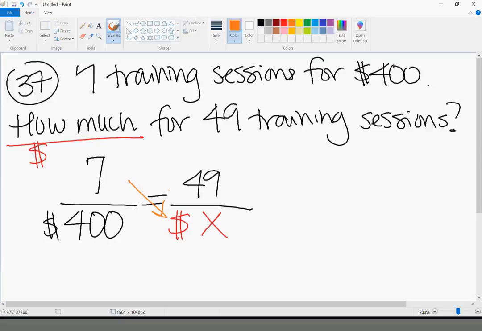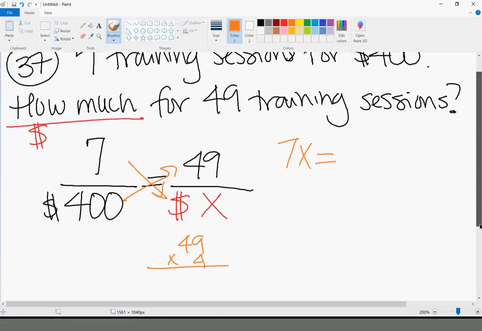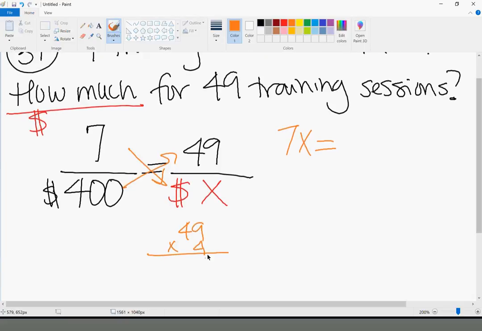So we have 7 times X, 7X equals 49 times 400, well 49 times 4. 9 times 4 is 36, carry the 3, 4 times 4 is 16, plus 3 is 19, and then we're going to add those zeros.